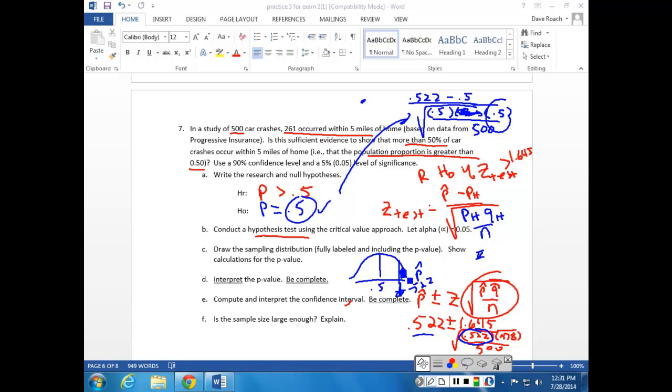It's going to be in the upper tail only, because we just have a one-tailed test. Sample size large enough? Yes, because 261 yeses, 500 minus that, 239 no's. Both of those are greater than 10, so your sample size will be large enough.